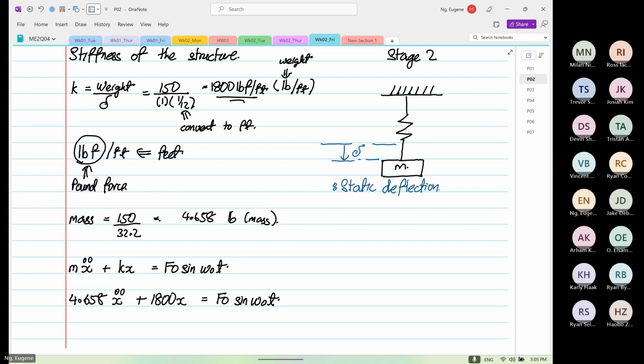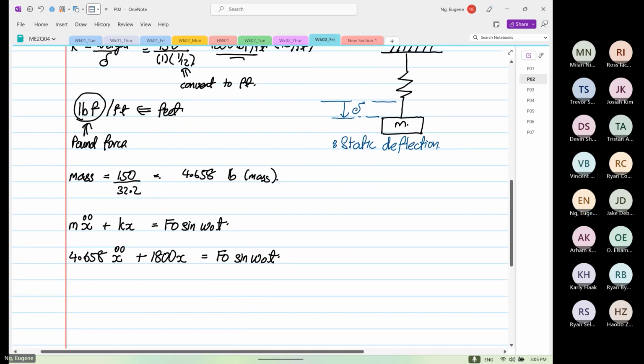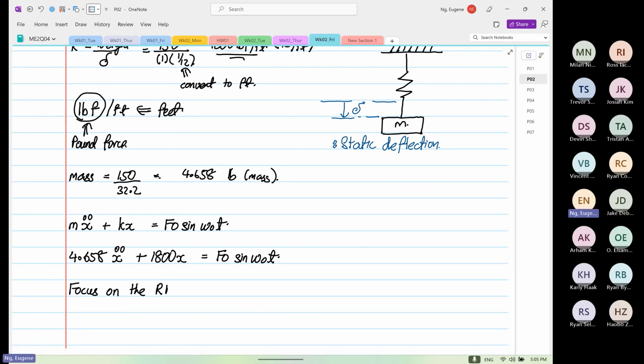Okay, so we have that information now. So the next thing that we are going to find out, we are going to focus on the right hand side of, I'm going to call this equation 1.